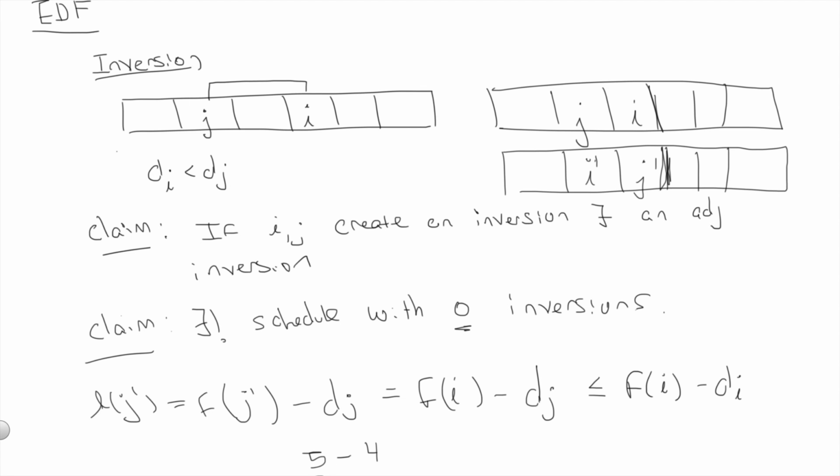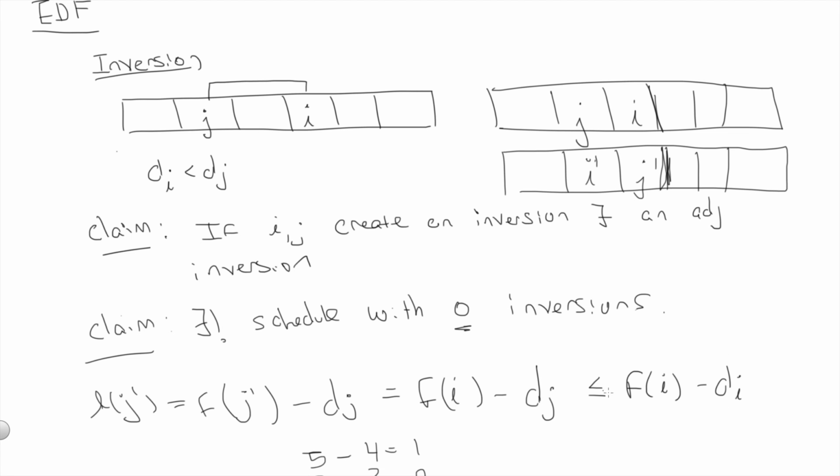So let's just say that the deadline of I was 3, because 3 is less than 4. Well, this is going to equal 1, and this is going to equal 2. So you can see that 5 minus 3, or 5 minus the deadline of I, is going to be greater than 5 minus 4 in this case, which is 1, right? This is a bigger number, so subtracting it is going to give you a lower value. So this has to be less than this.